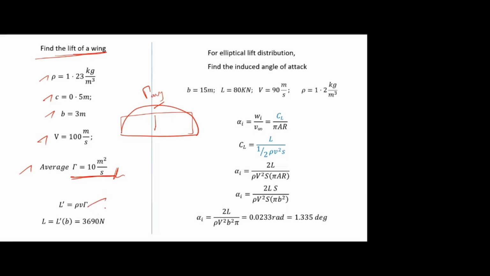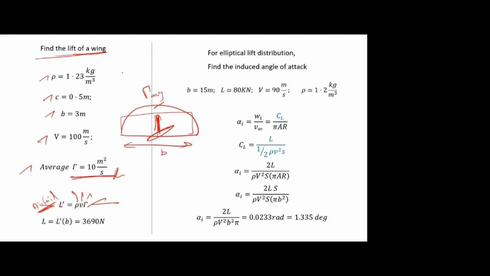The Kutta-Joukowski theorem is applicable to the aerofoil. So this is for the aerofoil. So lift is equal to rho v gamma. We know the density, velocity, gamma value, so that I can find the lift at a particular location. Then for the wing, simply I have to multiply with the span.